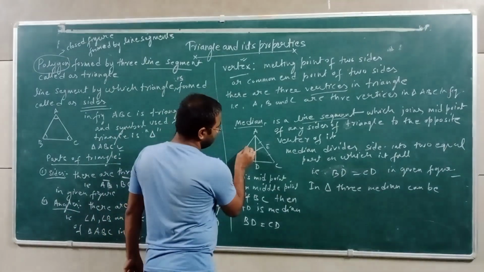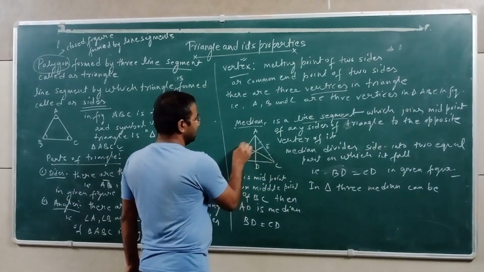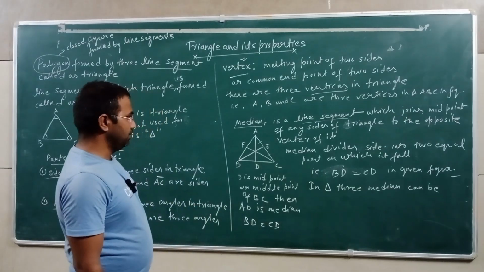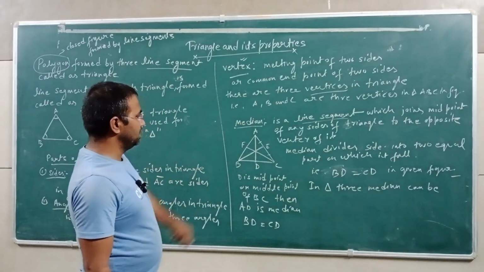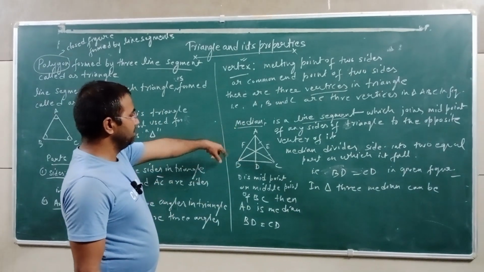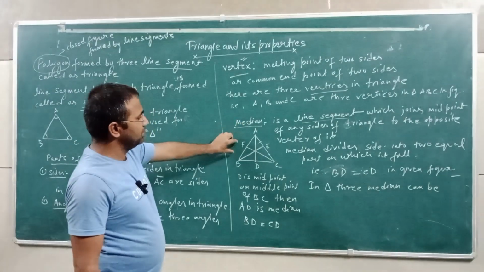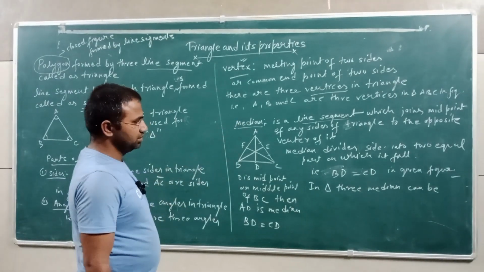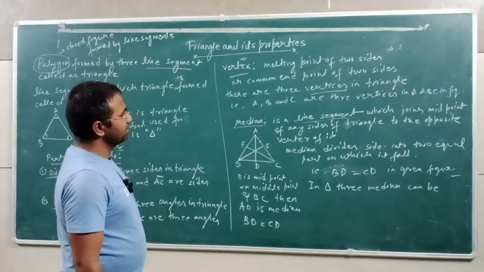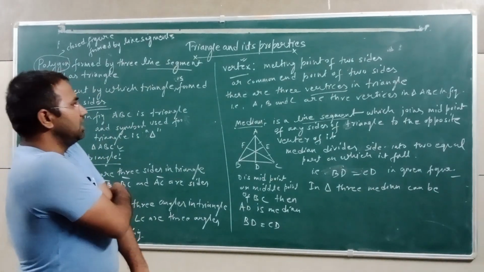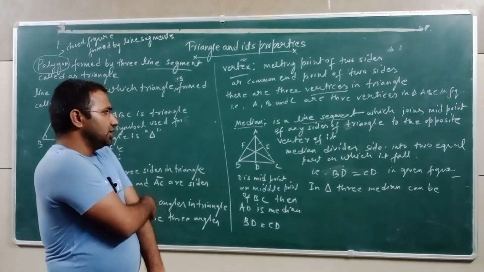Similarly, you can draw median CF on AB, and CF divides AB into two equal parts, AF and FB, and AF will be equal to FB. So that is how you draw the median and what a median actually does.